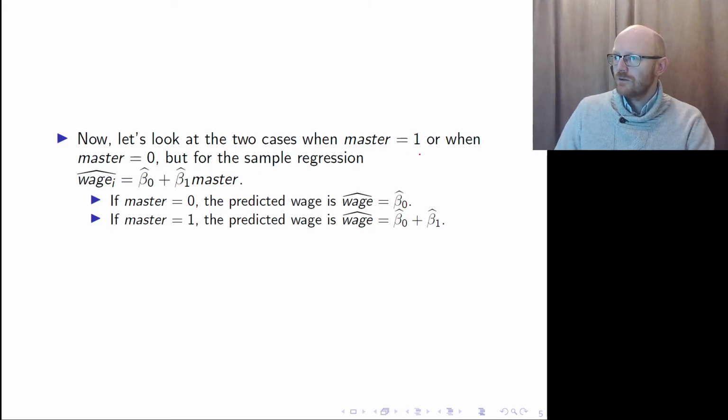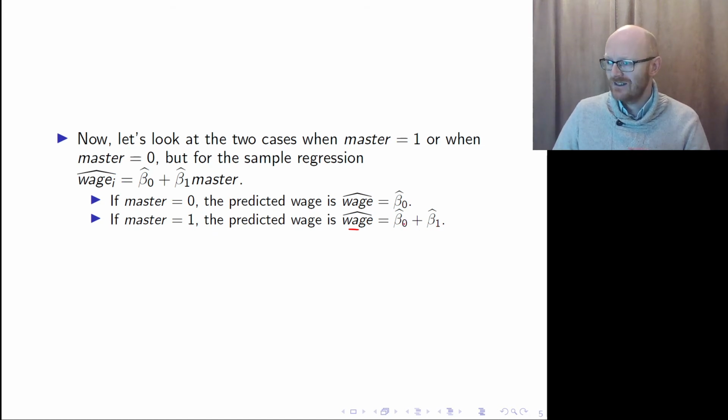So for example, if master equals 1, then the predicted wage, now we're not talking about the population average but the sample averages, because we have this hat over the coefficients, is beta naught hat plus beta 1 hat.